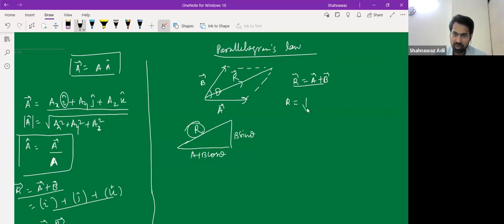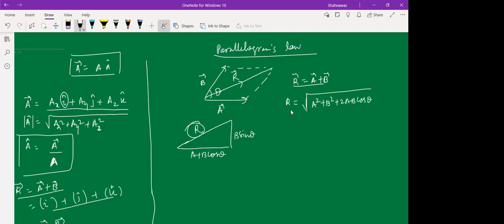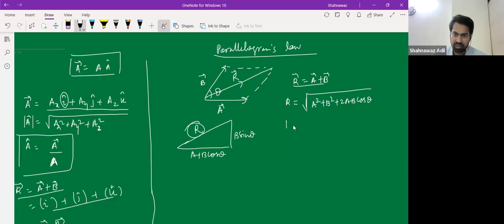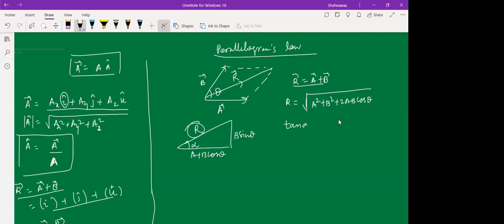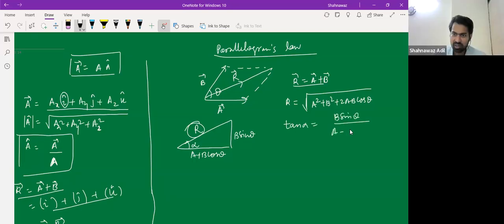So this came out to be, remember? And the direction is this: B sin theta by A plus B cos theta. So whenever it is not given in this form, i, j, k, you always use this form, right?